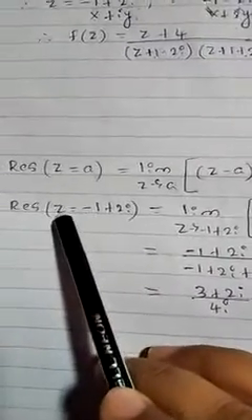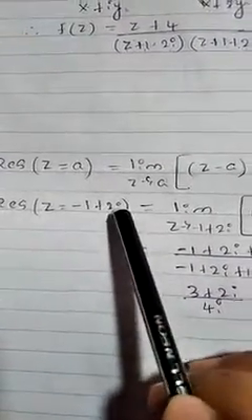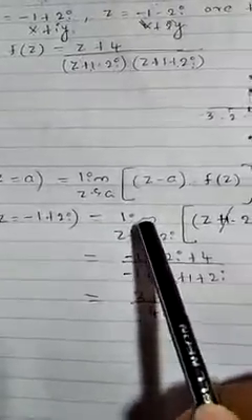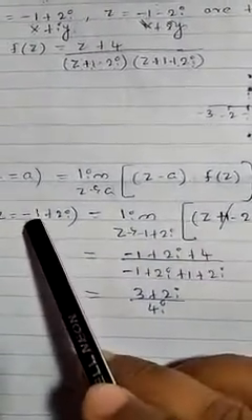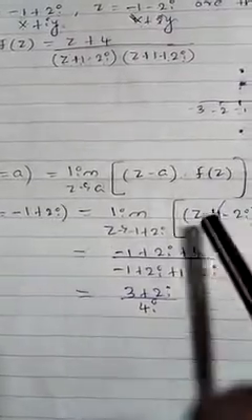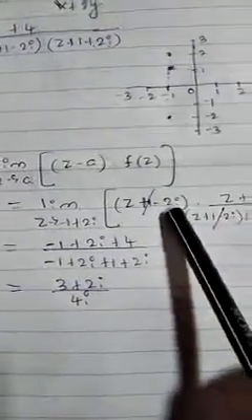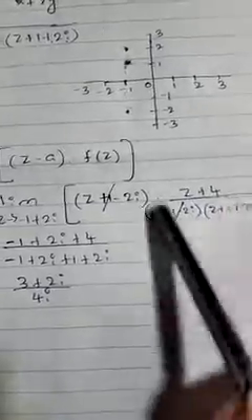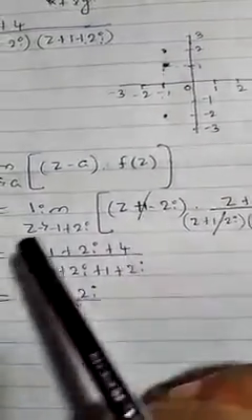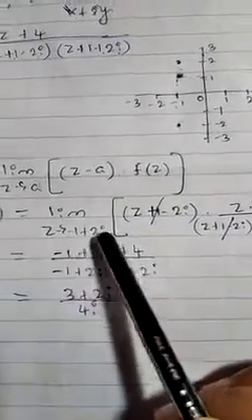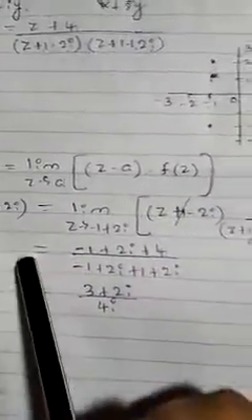Here the residue at z equal to minus 1 plus 2i is the limit of z minus of minus 1 plus 2i, that is z plus 1 minus 2i, into f of z. Write the f of z. Here z plus 1 minus 2i cancels as z tends to minus 1 plus 2i.